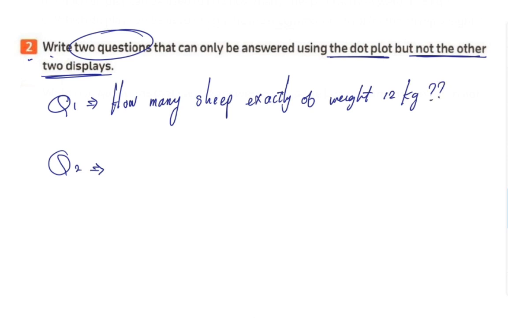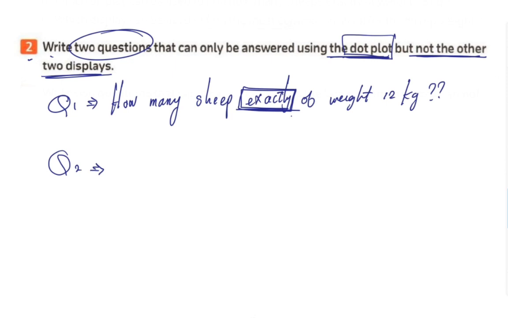Now, if you need to find a number exactly, you just have to do it with dot plot. Histogram will not help you. Box plot will not help you. Just dot plot.